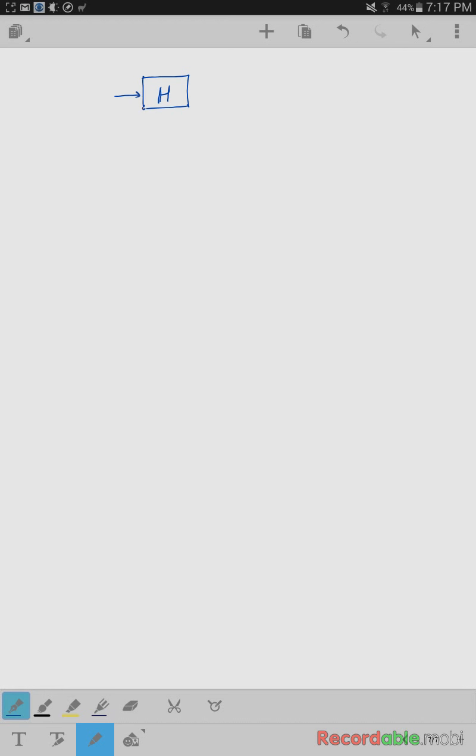So let's look at the problem. You have some signal x(t), and as we know, in order to recover the output y(t) for a linear time invariant system, y(t) is a convolution of x(t) and the impulse response h(t).